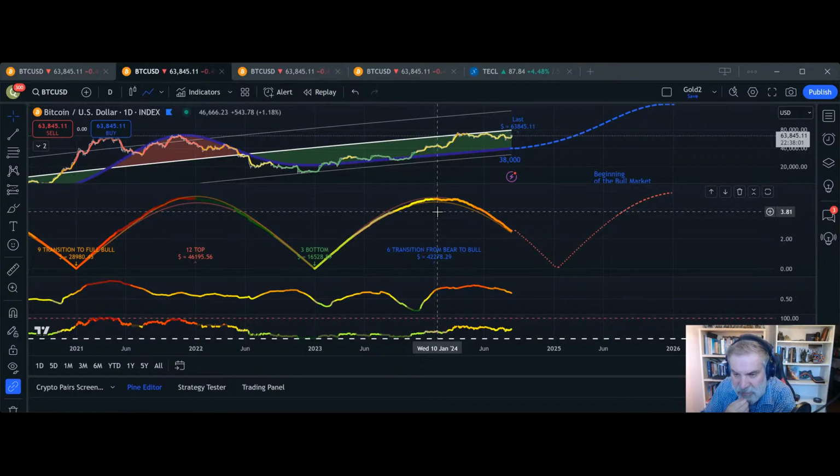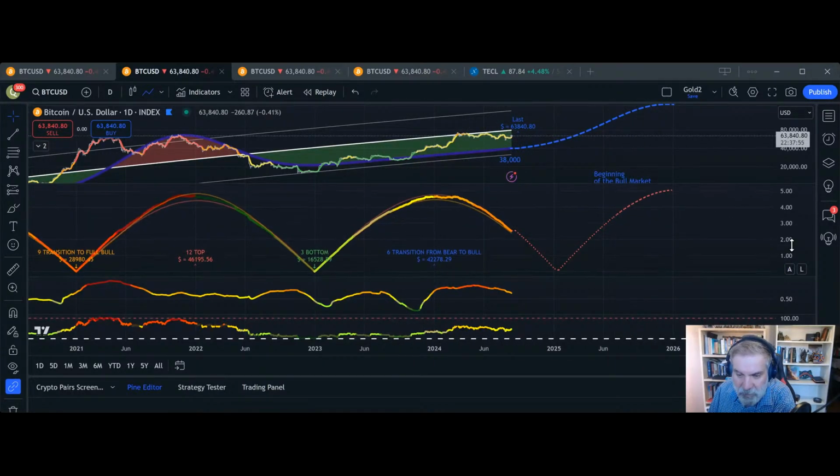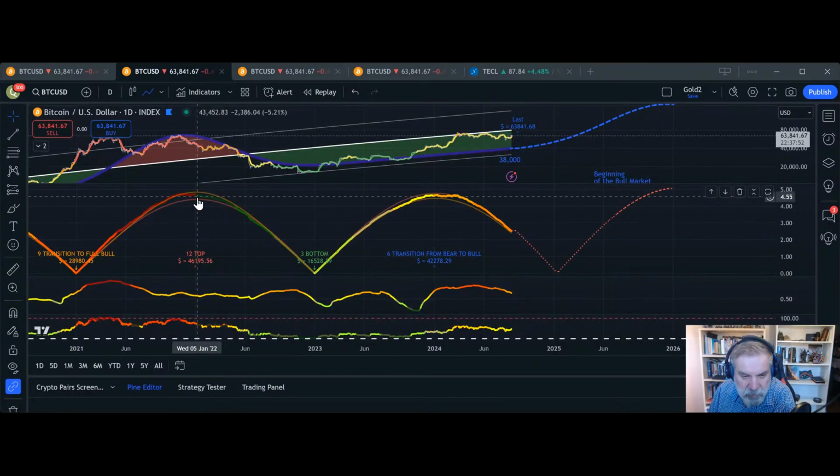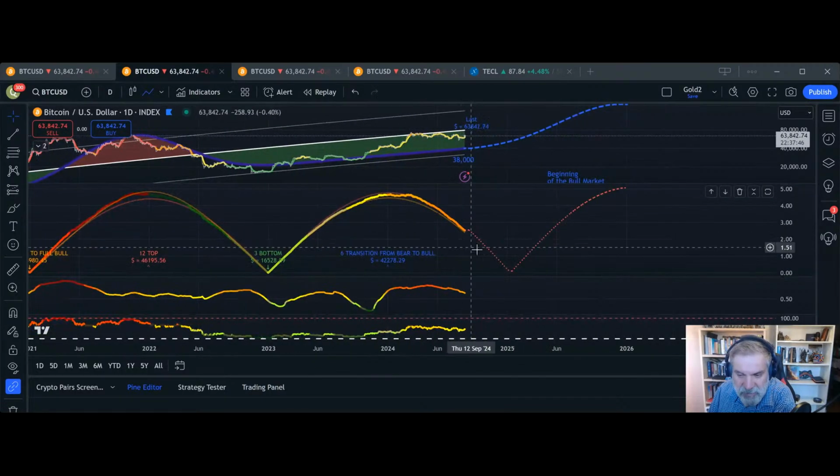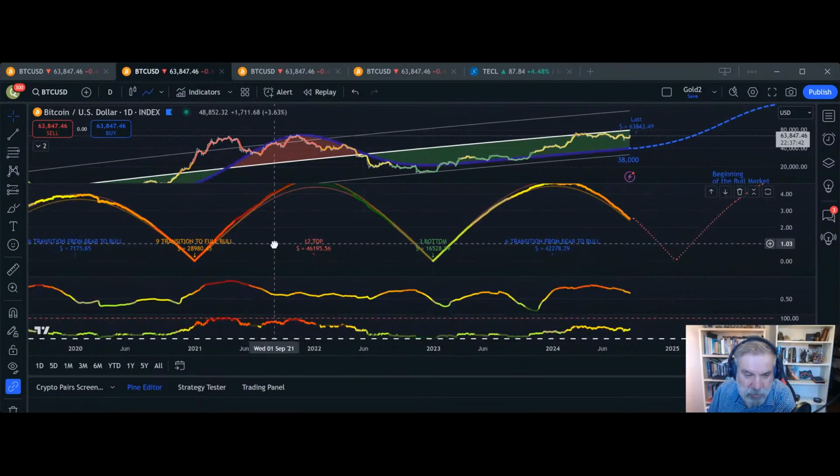We did something similar, but the difference is I make it a real clock, where I have different hours. 12 is the top, 3 is the bottom. There is this transition from bear to bull, that is 6. The frenzy bull, what we call the transition to full bull, happens at 9.